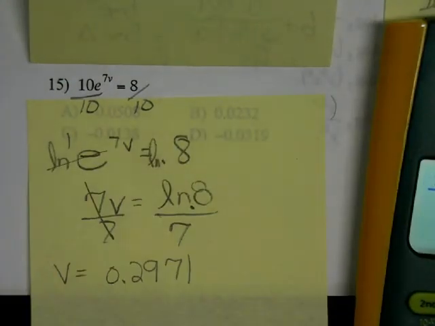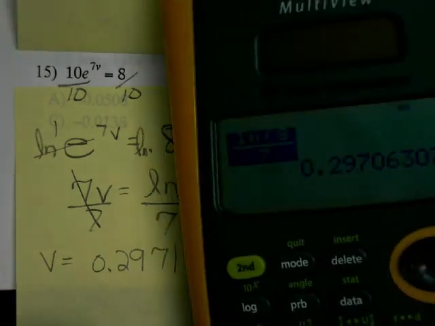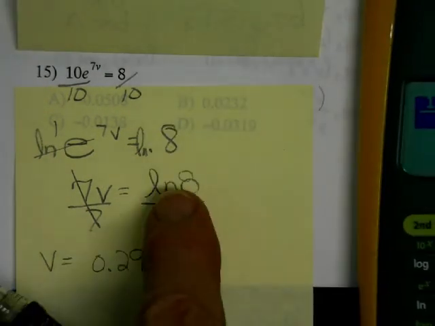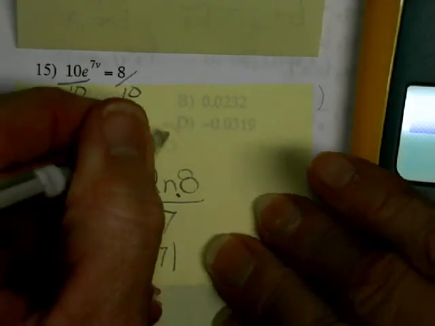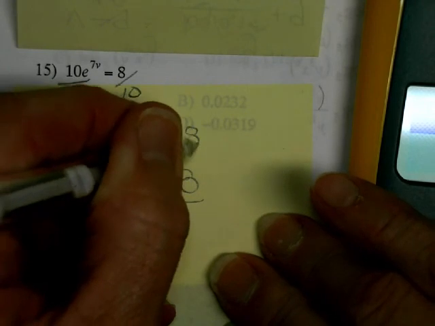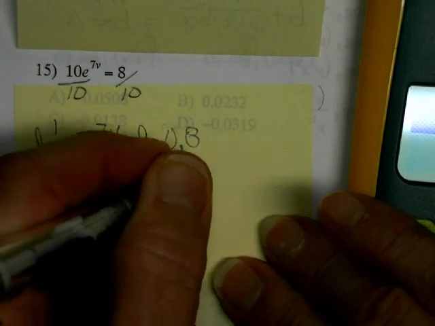Hey, what happened? What did I do wrong? Oh, you're the best. Thank you for correcting my error. I appreciate that. That's what I get for not putting a 0 in front, isn't it? That's my bad math writing. I should have put a 0 in front.